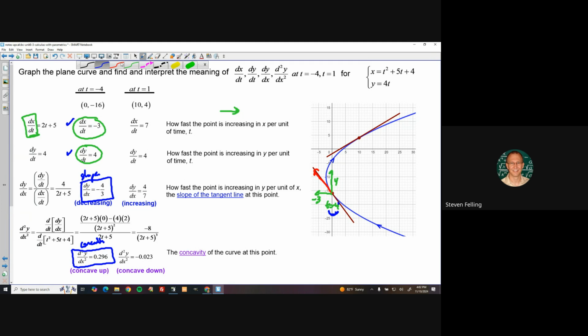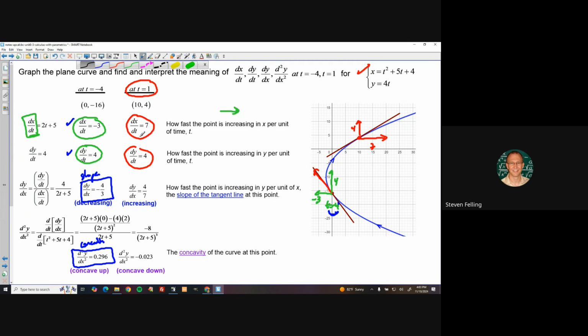So if you go over here to t equals 1 and plug that into the set of parametric equations, you get that we're at 10, 2, so we're right at this location. Right, the fact that we have a dx dt of 7 means this is moving 7 units per unit of time in the x, so maybe 7 centimeters per second this way, right, and 4 centimeters per second this way, right?